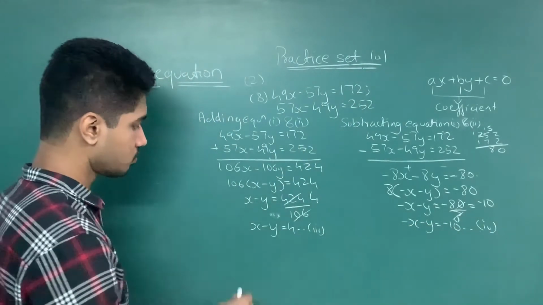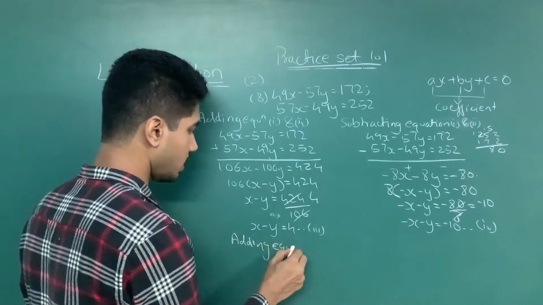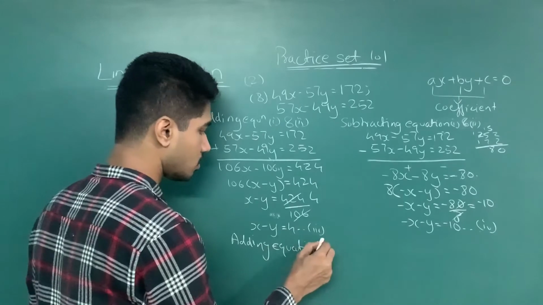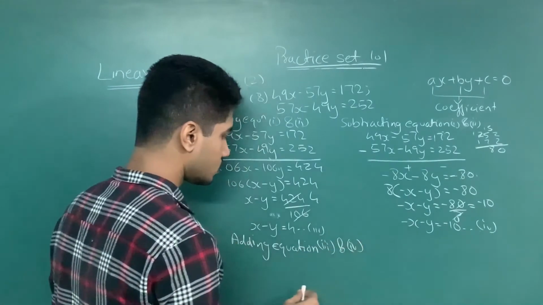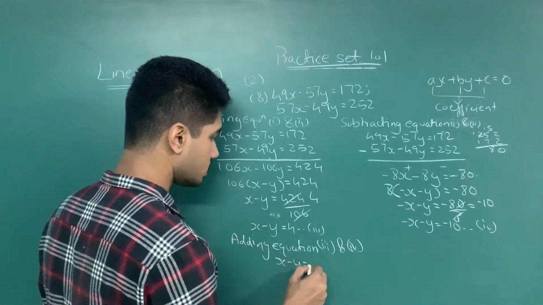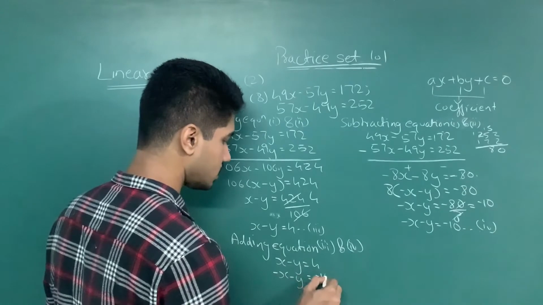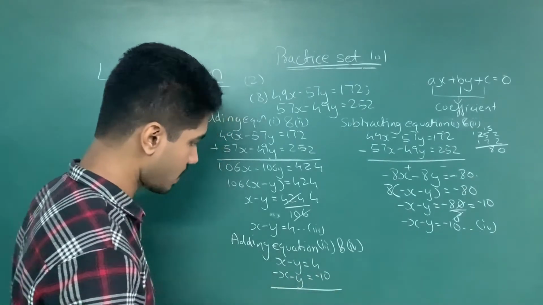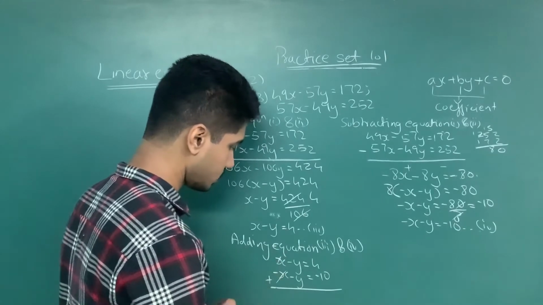Now you can add. So adding equation 3 and 4. So x minus y is equal to 4, minus x minus y is equal to minus 10. So यहाँ पे जब add करोगे आप x और x कट हो जाएगा, put an addition sign over here.